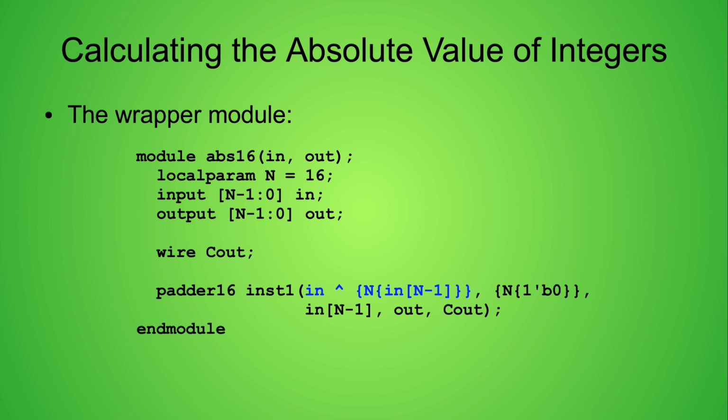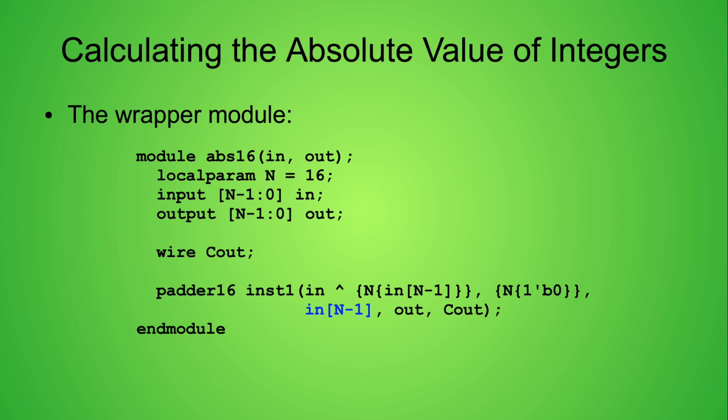If n is 0 or positive, the bit vector will be all zeros, and the exclusive OR with the value n is just n itself. The second argument to the adder is 0. The third argument to the adder is the sign bit of n.